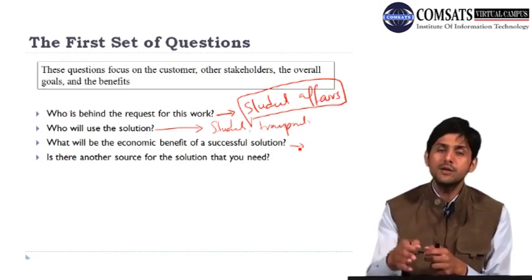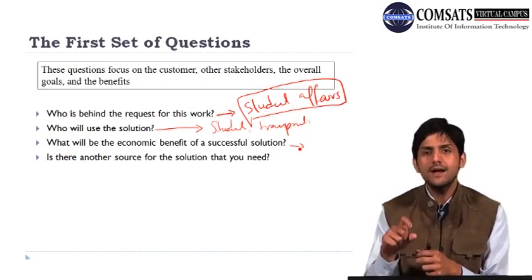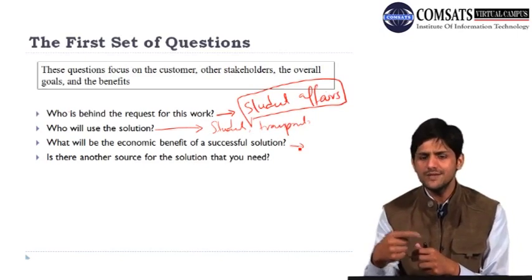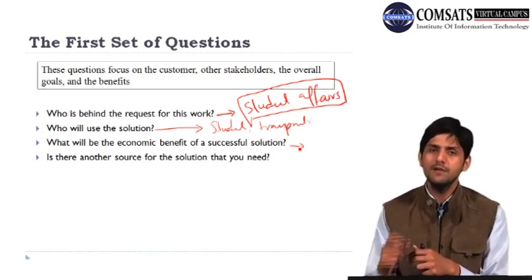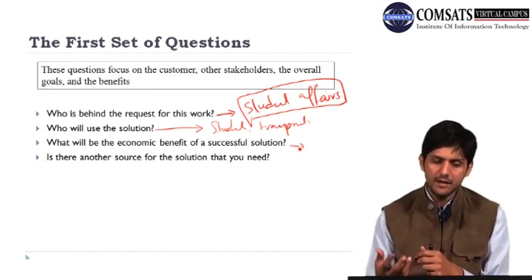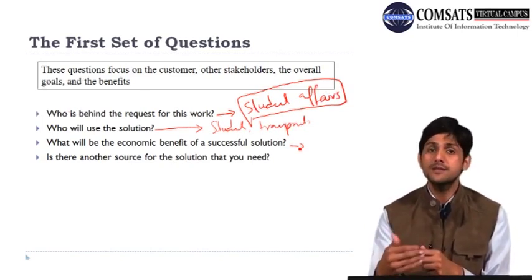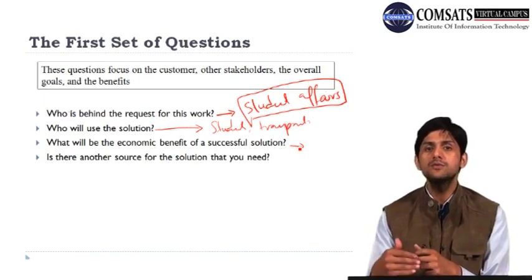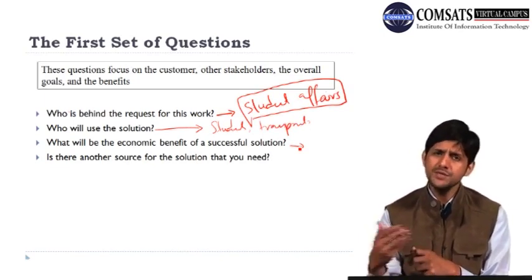So although in this bus locator example we cannot see the top management support right now, if we can somehow express the economic benefit of this software, then we can convince people that this is something important and they need to prioritize it. So this question is really important.